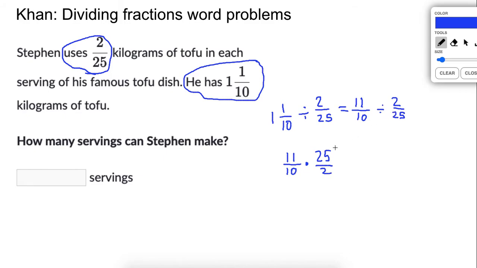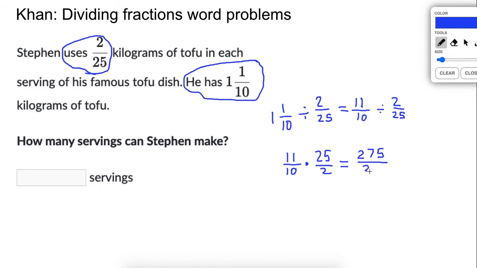So again, reciprocal, that flipped fraction, and we multiply straight across. So 2 times 10 would be 20. 25 times 10 would be 250. 25 times 1 would be 25. So we end up adding those together. 250 plus 25 would be 275.